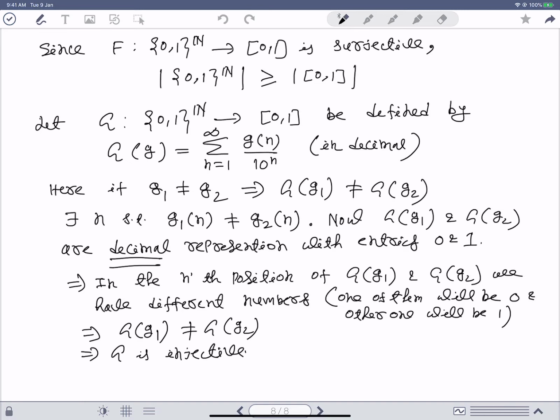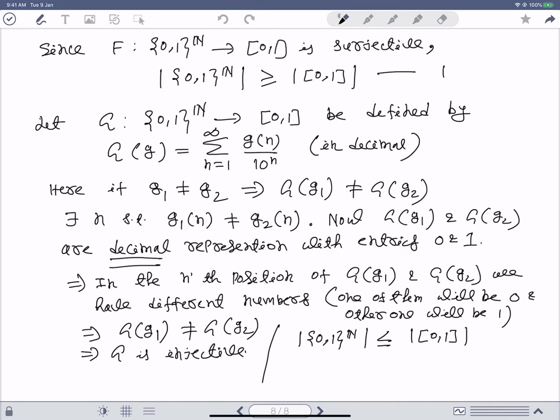Now since we have an injective function from the set {0,1} power n to the closed interval [0,1], therefore the cardinality of this is less than or equal to the cardinality of [0,1].